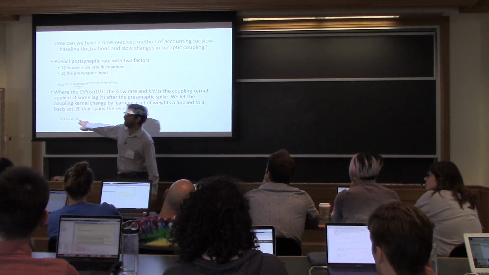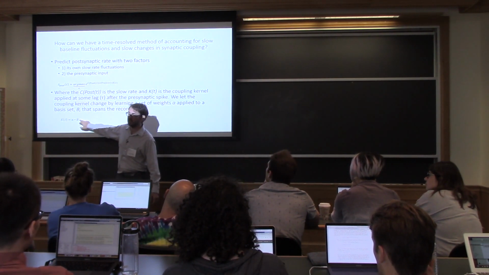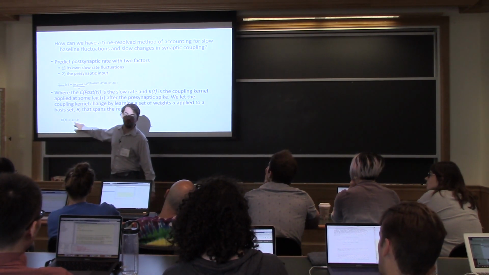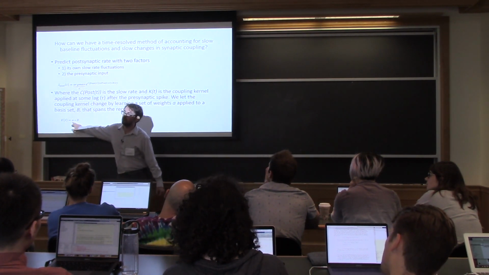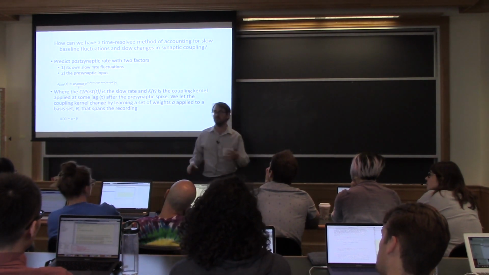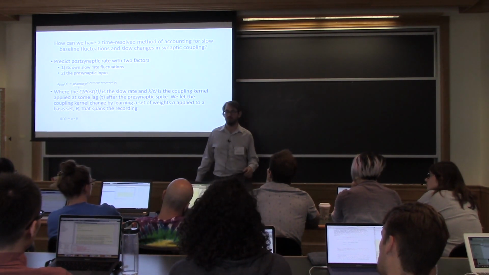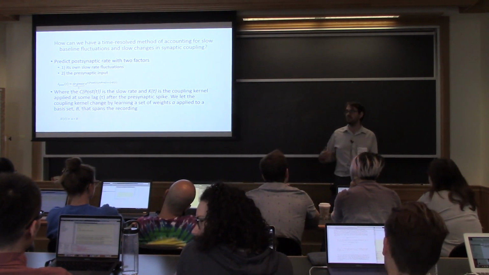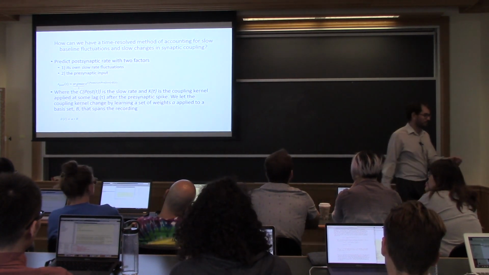This is our basis set, which is just evenly tiling time. And this alpha function here is how we're going to weight each of those presynaptic spikes onto those temporal bases. This alpha is what we're going to try to learn, and that's a vector the same length as the number of bases that we pick. So how do we know how many bases we want? How fast do we think this process is evolving? What kind of basis is it?